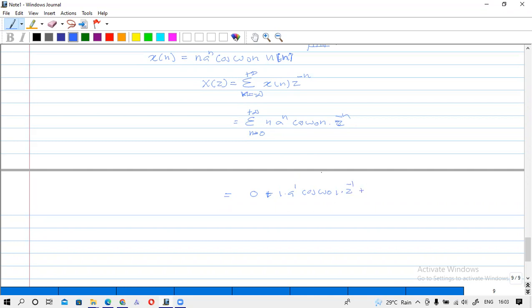In the same manner, if n is 2, you will have 2 a^2 cos(omega naught 2) z^(-2), plus 3 a^3 cos(omega naught 3) z^(-3).